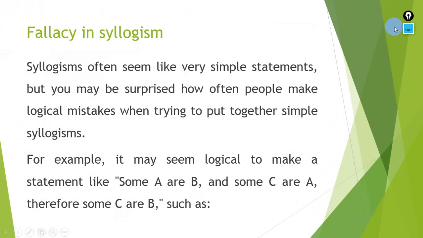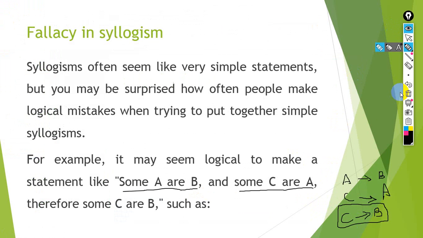As I have told you, we have fallacies in syllogisms, the mistakes that we make in writing syllogisms. Here I have given you an example. If we have a syllogism like this: some A are B, some C are A. The middle term is A, and on the basis of this A we are combining C and B in the conclusion.